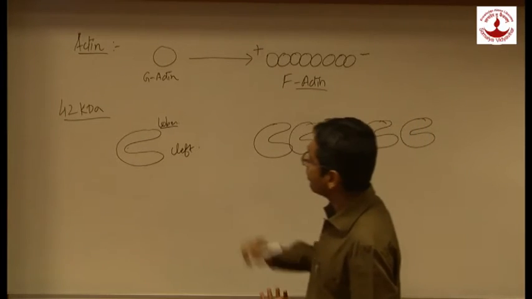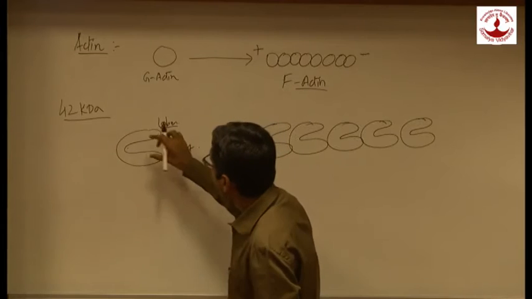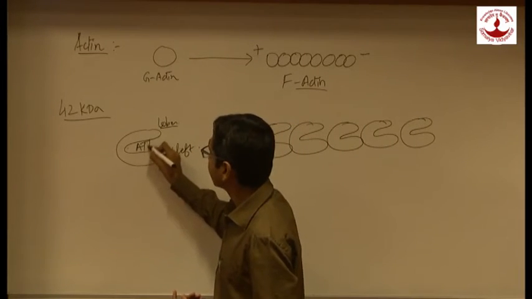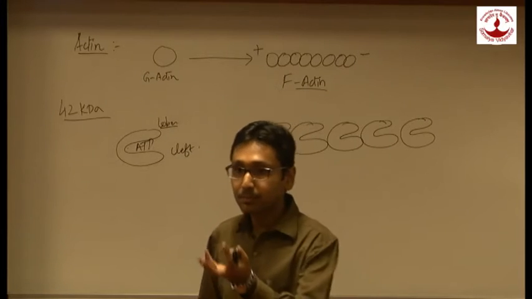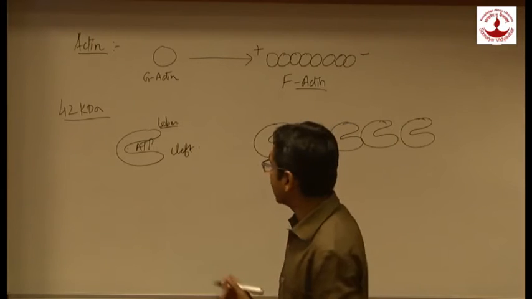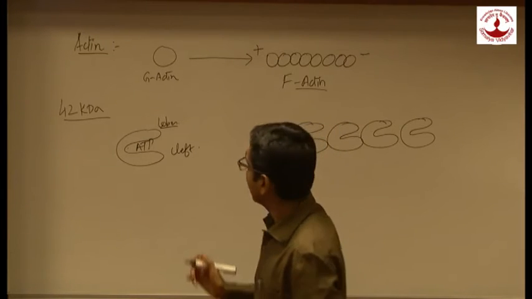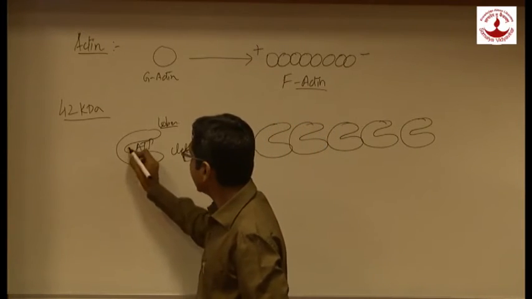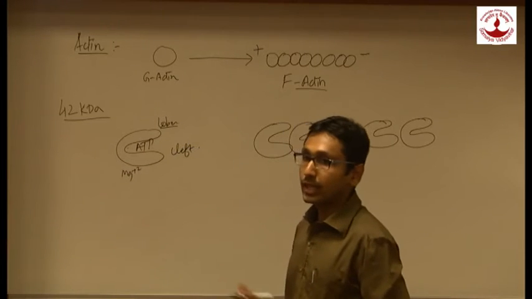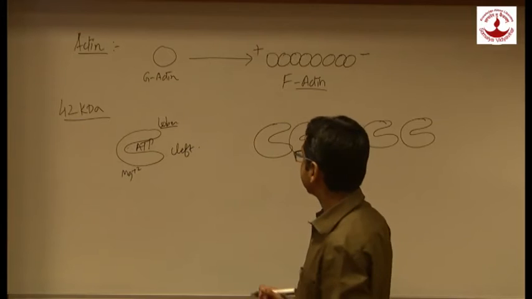One very important property of actin is that it binds to ATP. The two lobes and the deep cleft, the cleft has an intrinsic ATPase activity. So you have ATP plus Mg2+, a cofactor required for the activity.